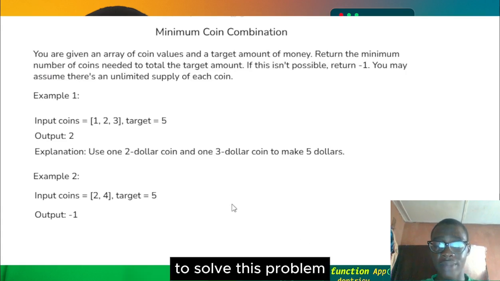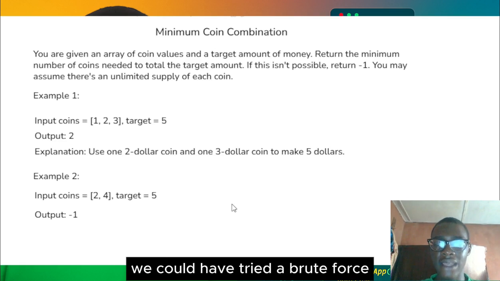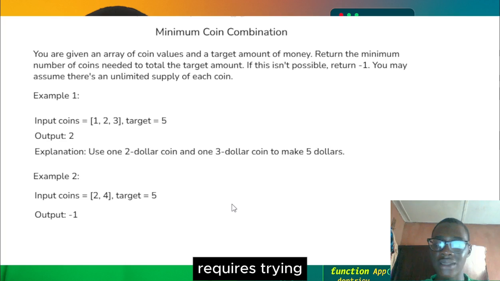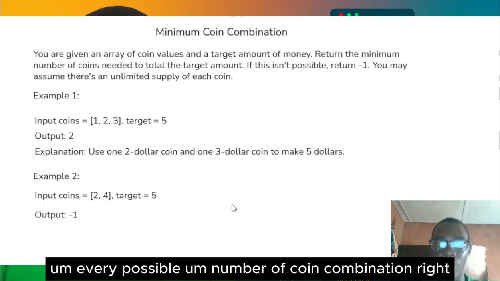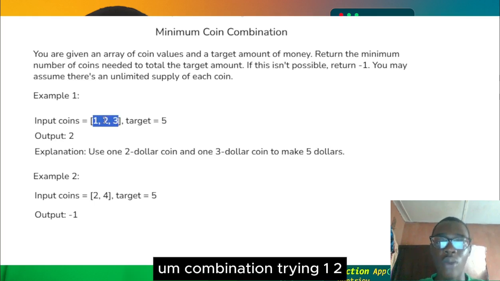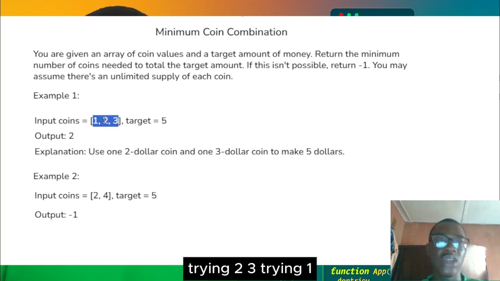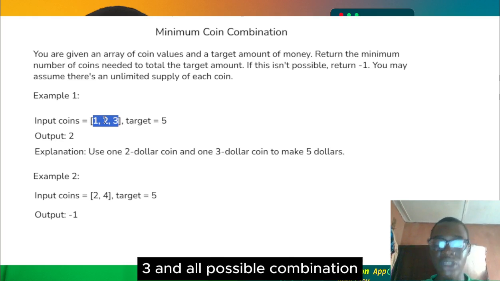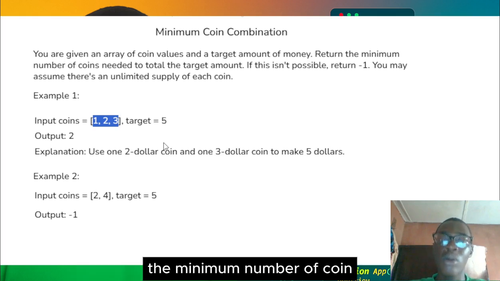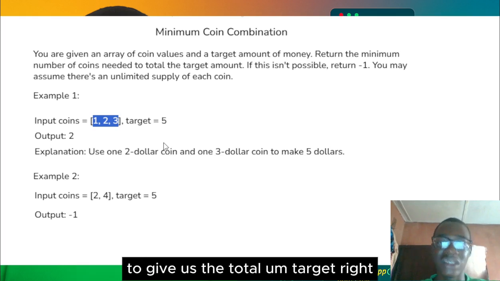To solve this problem, we could have tried a brute force solution that requires trying every possible coin combination, right? So consider this particular example whereby we have 1, 2, 3. We are going to try every possible combination, trying 1 2, trying 2 3, trying 1 3, and all possible combinations, and then going after the one that actually requires the minimum number of coins to give us the total target, right?